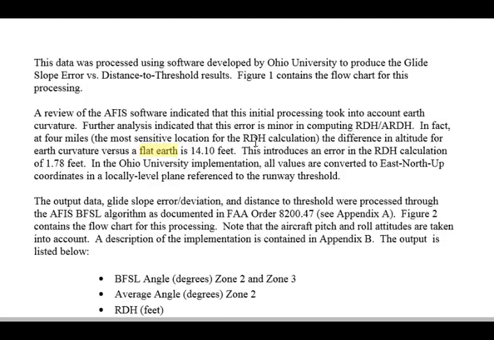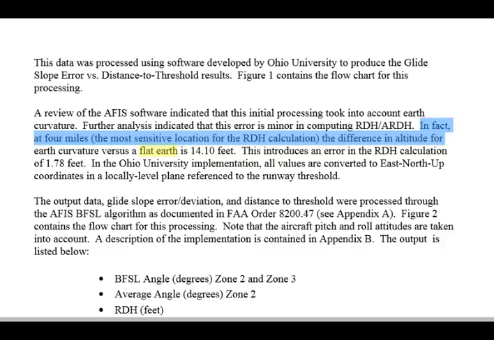Okay. In fact, it says here, at 4 miles, which is the most sensitive location for the RDH calculation, the difference in altitude for Earth curvature versus a flat Earth is 14.10 feet. You saw it, you heard it, you read it.